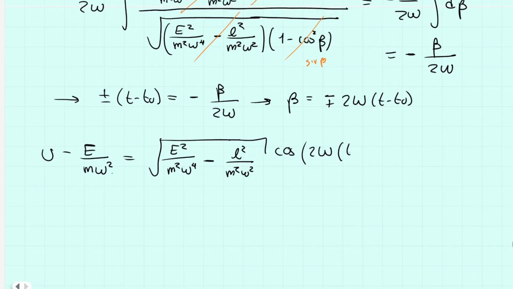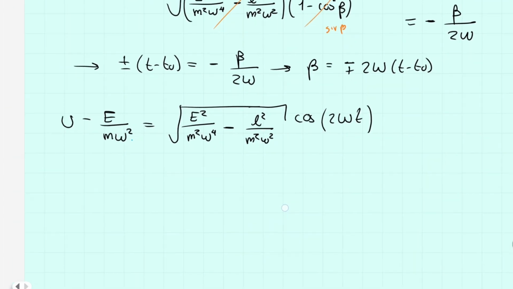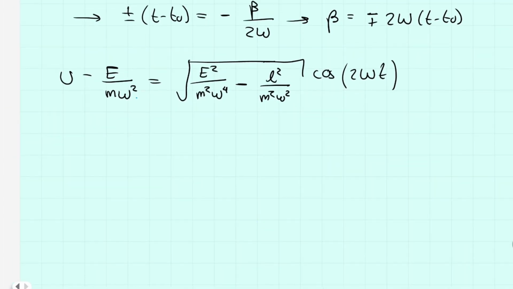So this will be 2 omega times t minus t0. Again, we can just take t0 to be equal to 0. That means that the motion starts at the second 0. So this will be only 2 omega t. Okay? So remember that u was equal to r squared. That was our change of variable.